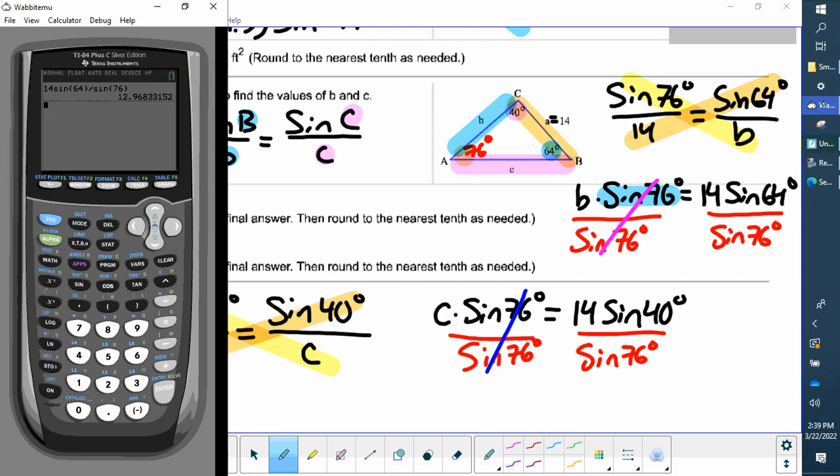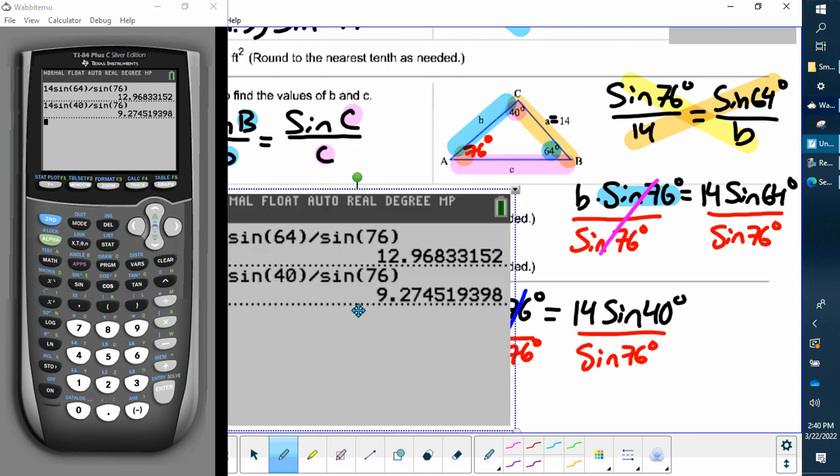I'll do it all in one spot. So on this one, I will do 14 sine of 40, close your parentheses, divided by the sine of 76. Sorry about that. Okay, here's my two answers. I'm going to pull them down.